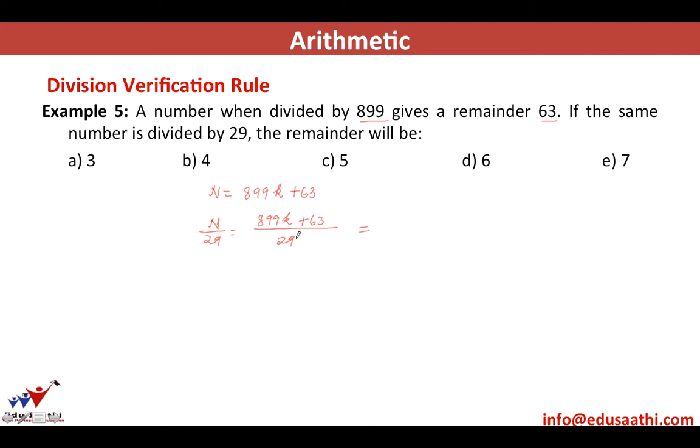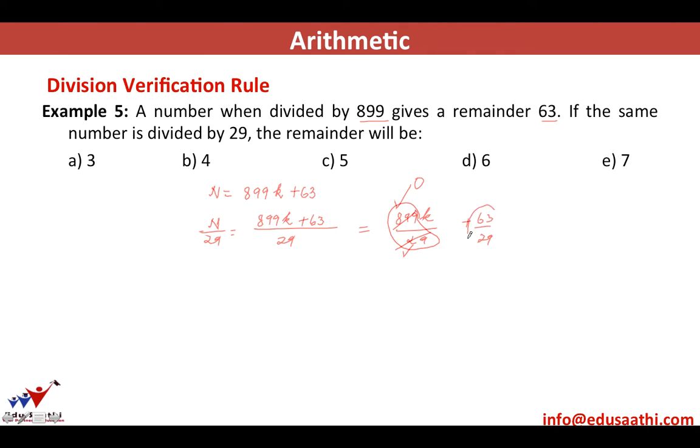If I just look at it, I can always separate the numerator. Now, 899 is exactly divisible by 29, so this thing can be cancelled out. If this is exactly cancelling out, the remainder would be 0, because the numerator is a multiple of the denominator.